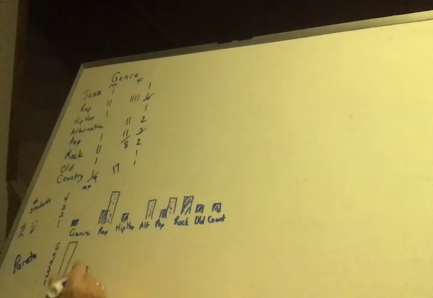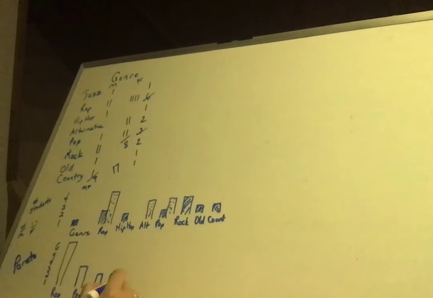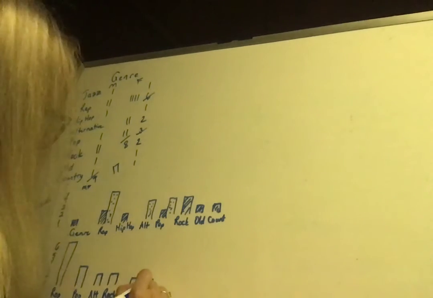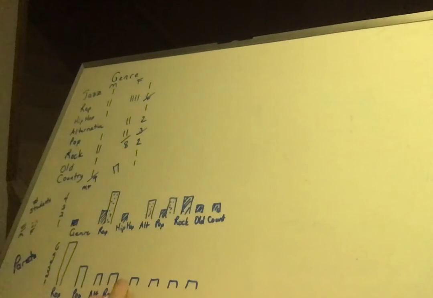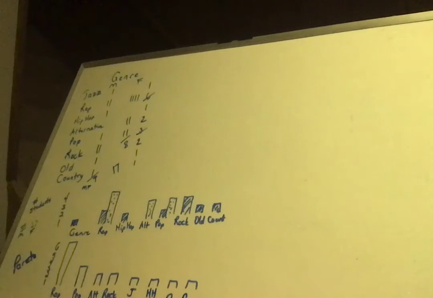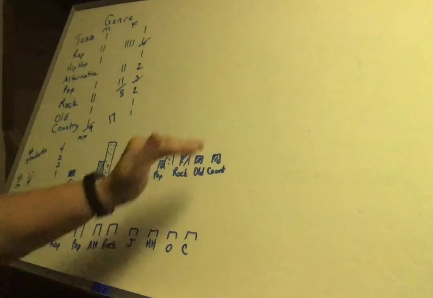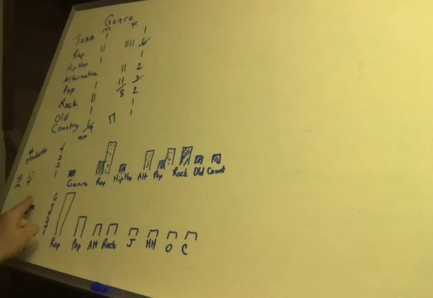And the next biggest are alternative and rock, and they both went up 2. Then the other ones each are just 1: jazz, hip hop, old, or country. So there's the difference: a bar graph is in any order, but you can see how far up each one goes. Pareto goes from big down to little.